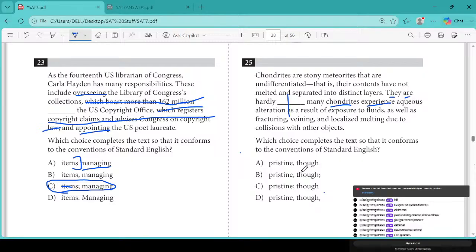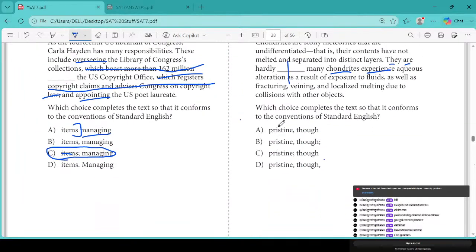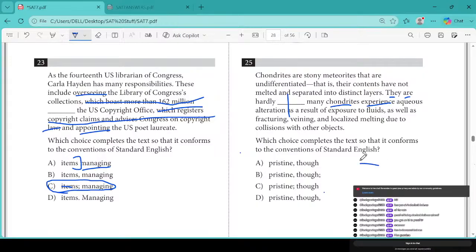The problem here is you need to know if though belongs in the first or second clause, so you know where to exactly divide it. Klondites are stony meteorites that are undifferentiated, which means their contents have not melted or separated.